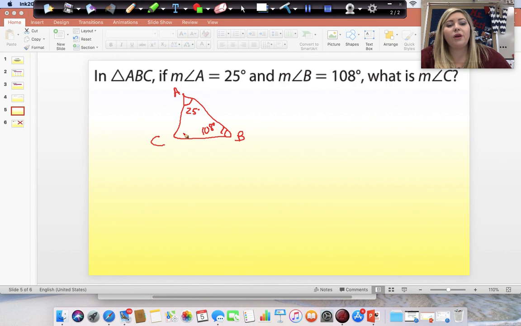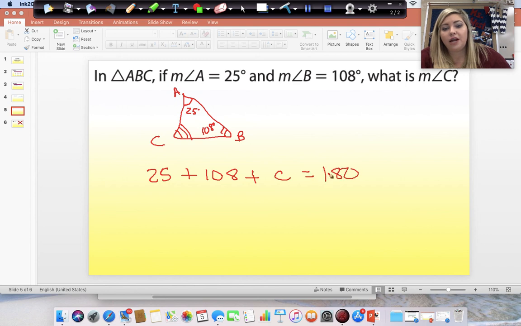So then we are looking for angle C. Remember, all angles of a triangle equal 180. So 25 plus 108 plus C equals 180. So then we add 25 plus 108, and that gives us 133. So 133 plus C equals 180.